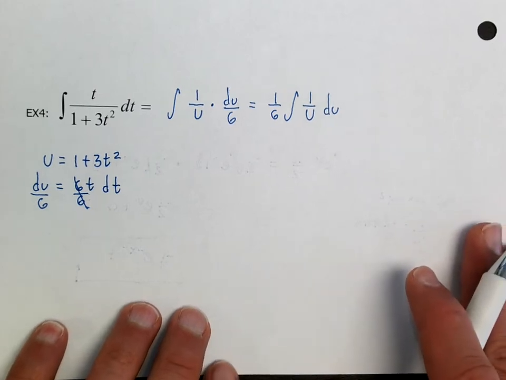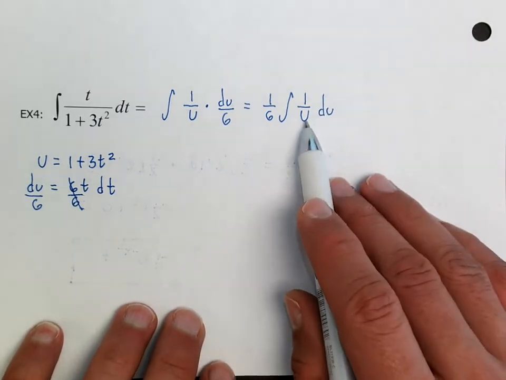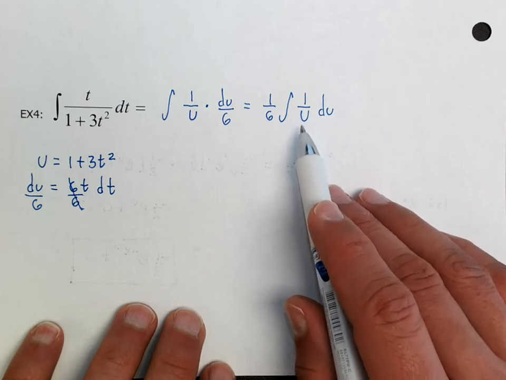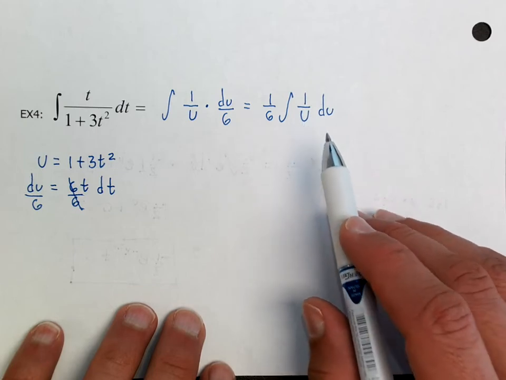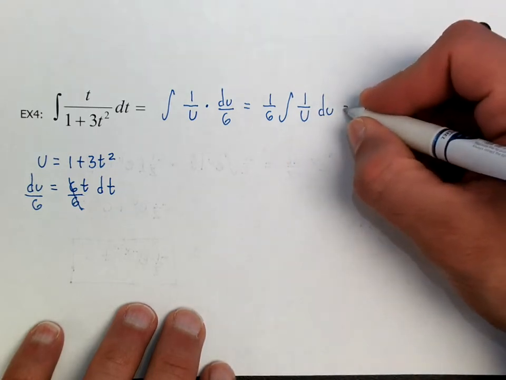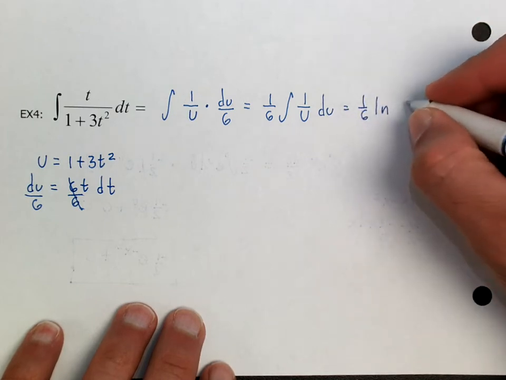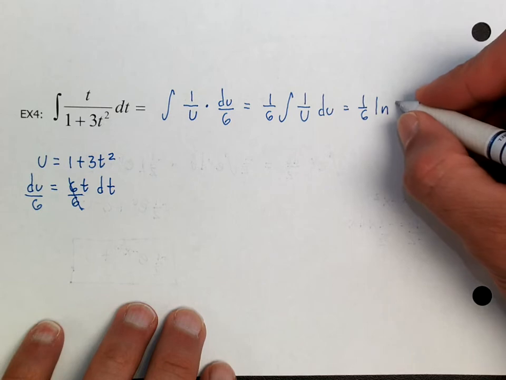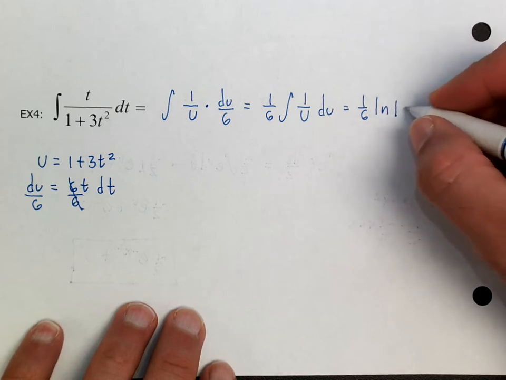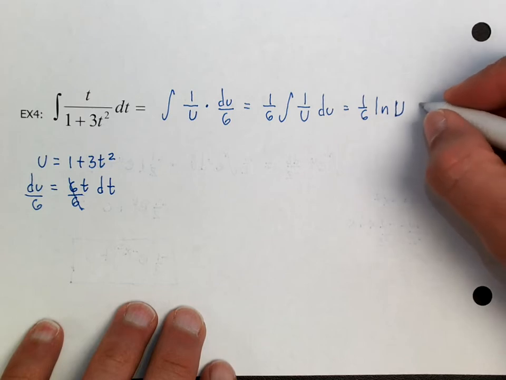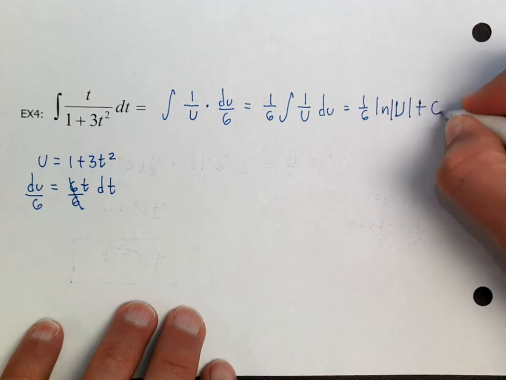Okay, so hopefully when you see this right here, that should make you think of the derivative of the natural log. So this is actually going to be equal to 1/6 the natural log of the absolute value of u, plus c.